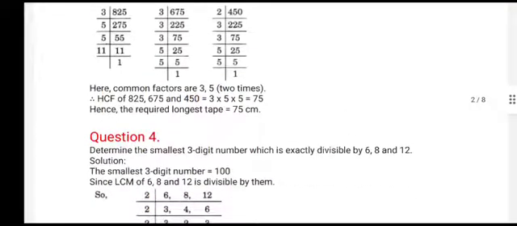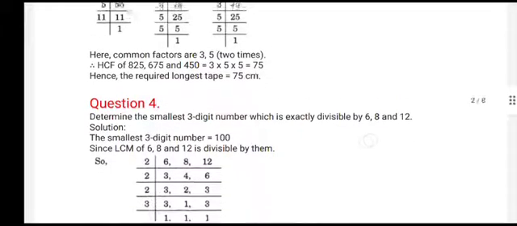Then you find the common factors. You will find that 3 and 5 are common, and 5 is there 2 times. That means 3 multiplied by 5 multiplied by 5 is 75, the required number. This 75 centimeters will be the longest tape measurement.